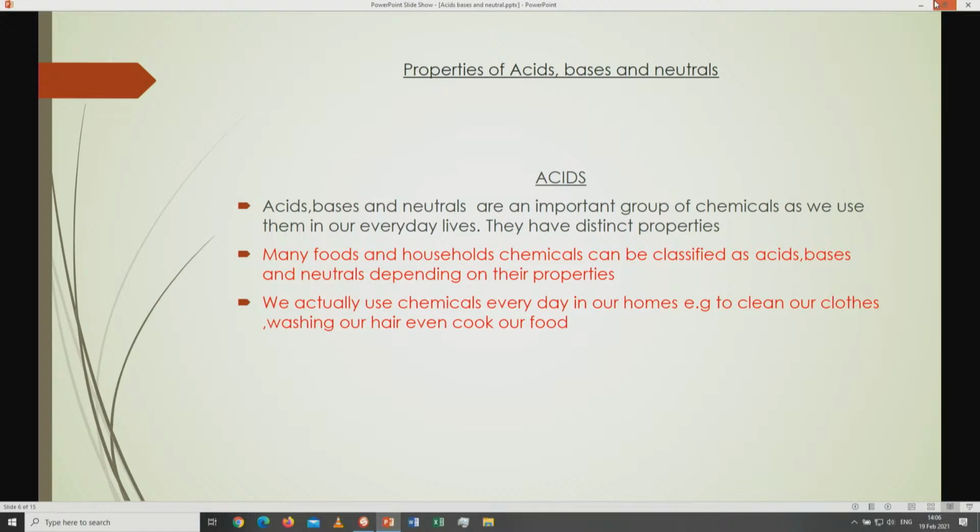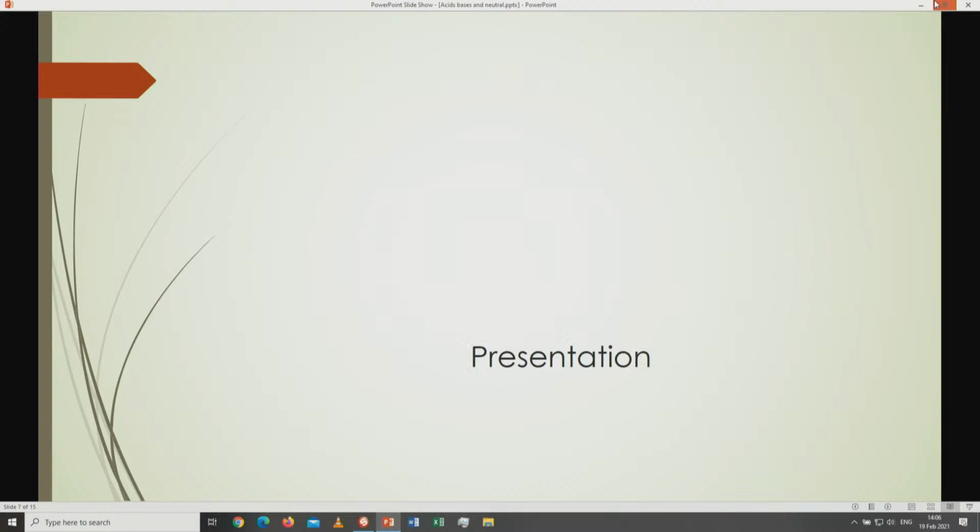Many foods and household chemicals can be classified as acids, bases, and neutrals, depending on their properties or what you call the characteristics. We actually use chemicals every day in our homes, e.g. to clean our clothes, wash our hair, even cook our food.